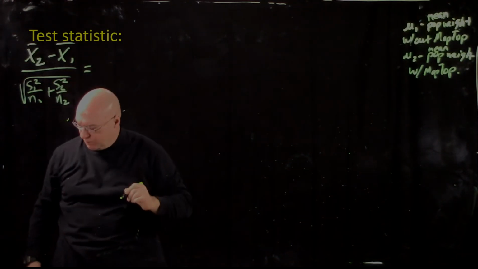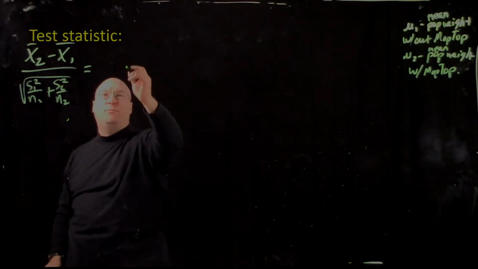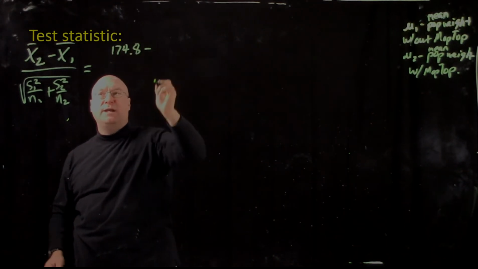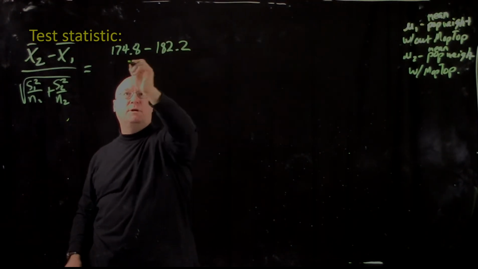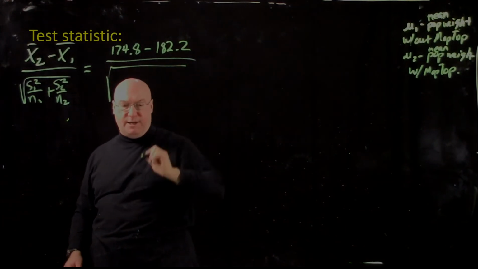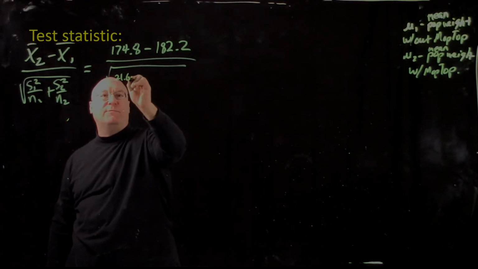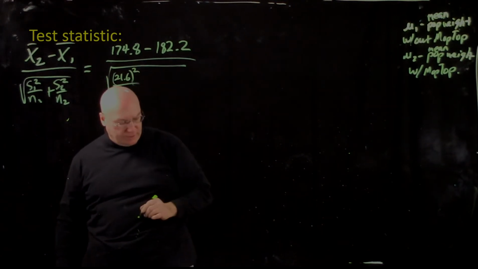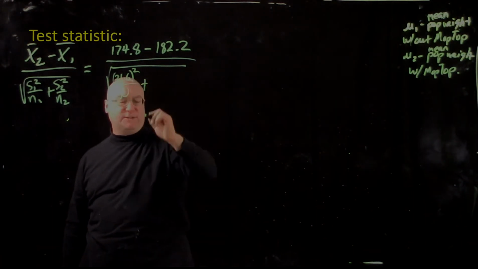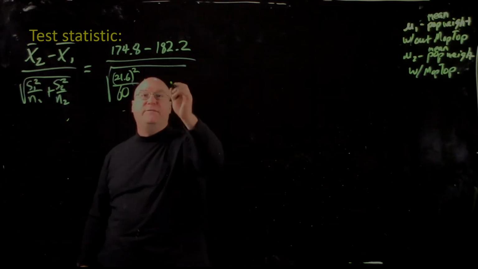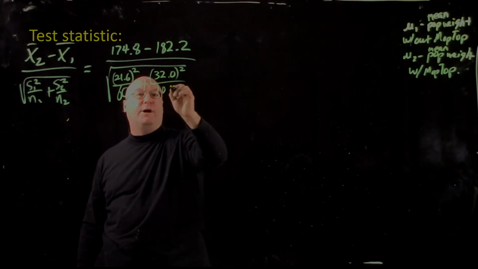And that's equal to x2 bar is 174.8 minus x1 bar is 182.2, divided by the square root of s1 is 21.6, so it's 21.6 squared over, and that was the control group, and there were 60 of them, plus the sample standard deviation for the treatment group was 32.0, so that's squared over, there were 100 of them.